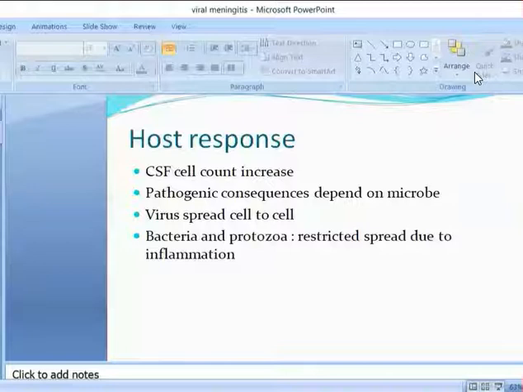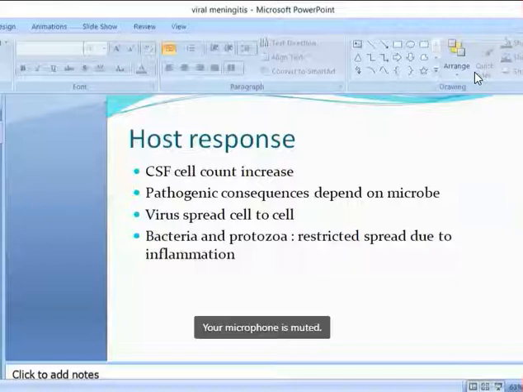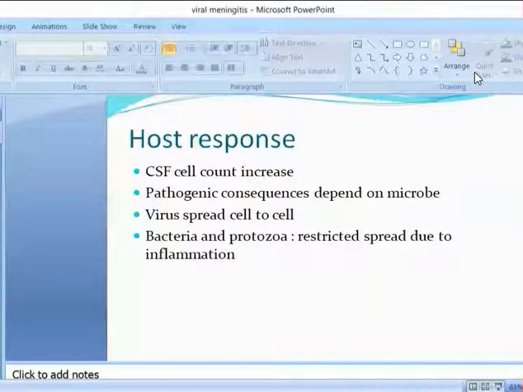In viral meningitis, initially you'll see neutrophils raised, but within 2 to 3 days, they will be taken over by lymphocytes. So in the very first few days, it'll be difficult to differentiate just by the cytology whether it is because of a bacterial or a viral cause.